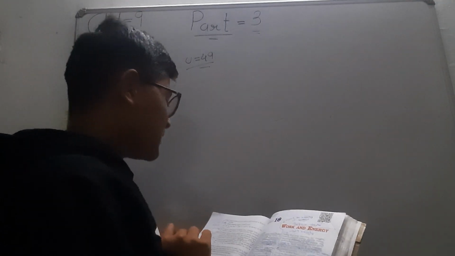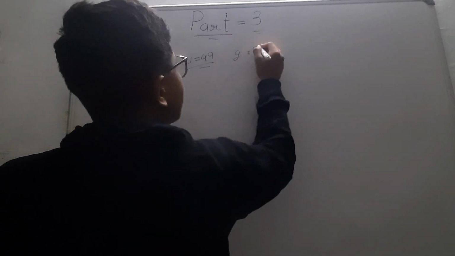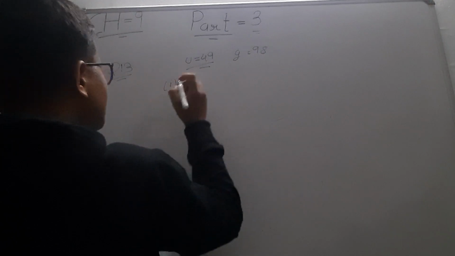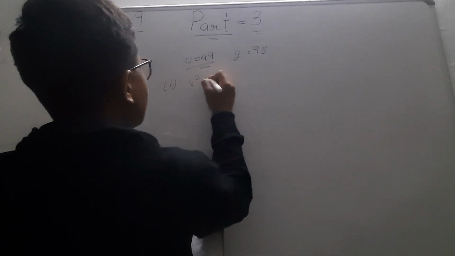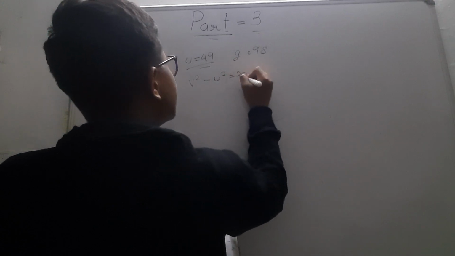We have to calculate the maximum height, and g is equal to 9.8. So the first equation will be v square minus u square is equal to 2gs.